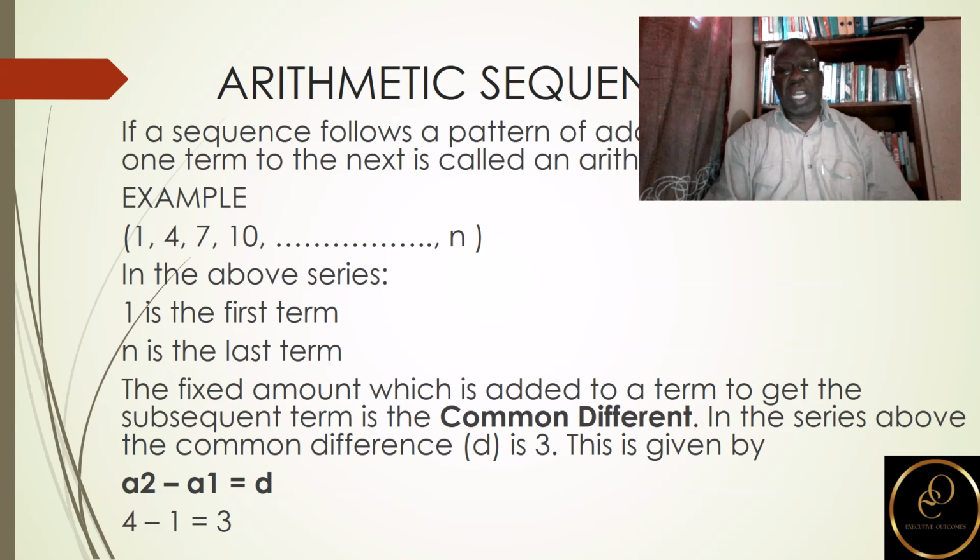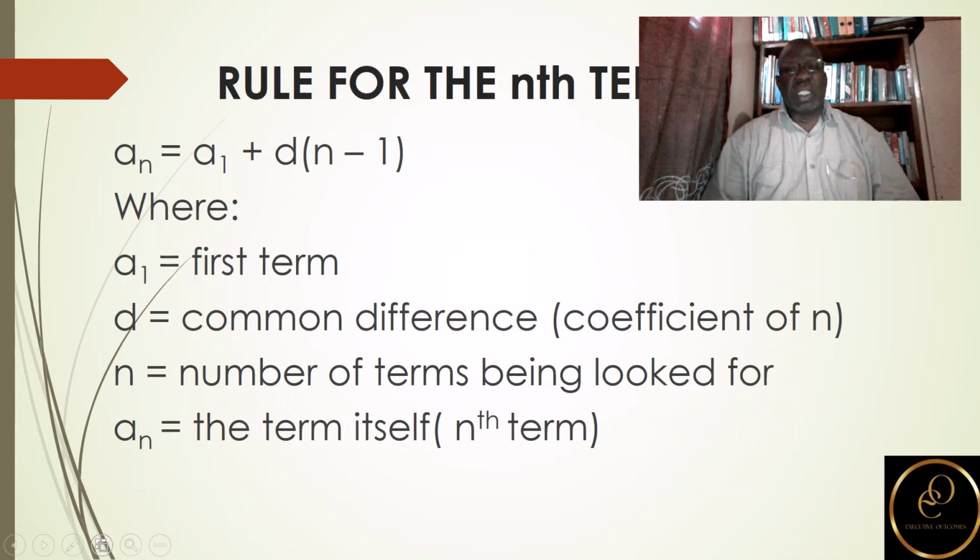We also have the rule of the nth term. When you look at the rule of the nth term, you are literally looking at how to determine a certain number in a particular position in that particular sequence.